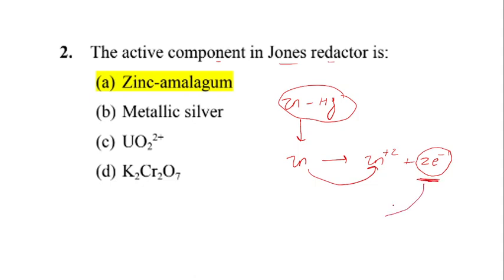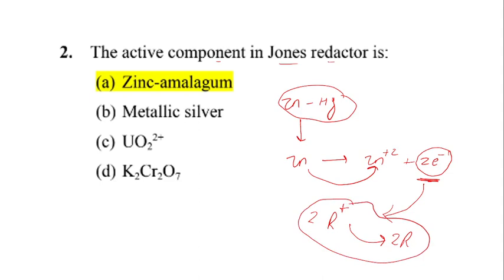These 2 electrons will be consumed by some species which is already oxidized, with a positive charge, so it will be reduced. So zinc is oxidized and gives 2 electrons, and these 2 electrons are consumed to reduce some other species.